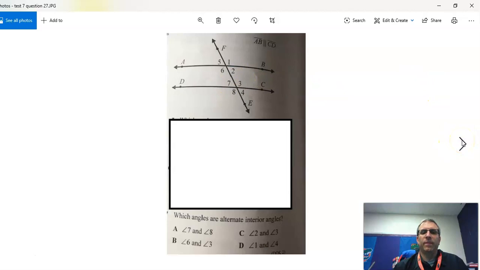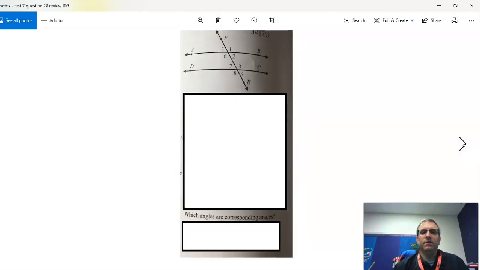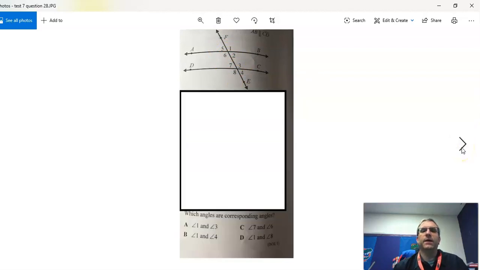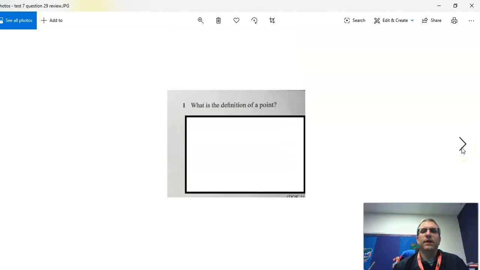Next one. Which angles are corresponding? So like 5 is to 7, 6 is to 8. Corresponding angles. All right, what is the definition of a point? It has no height, length, or depth.